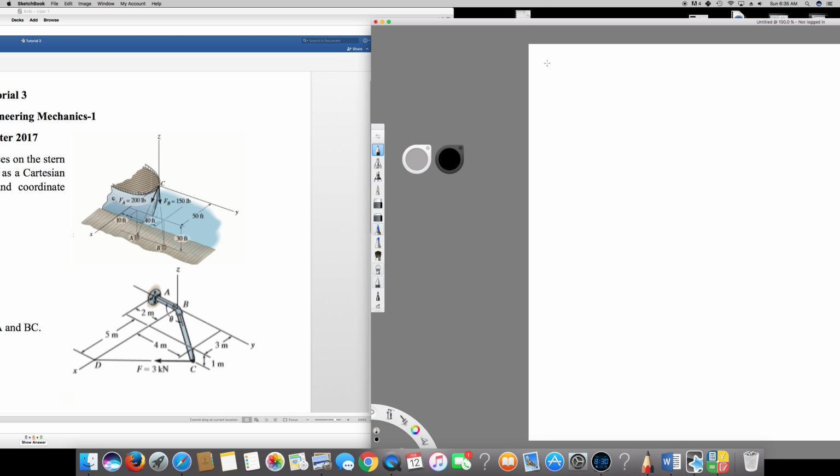First of all, the coordinate of A is 2 meters away from the origin along the y-axis, therefore x is 0. Y is going to be negative 2 because it's opposite to the Y direction, and it has no height, so it's 0. And B is at the origin, so it's 0, 0, 0.